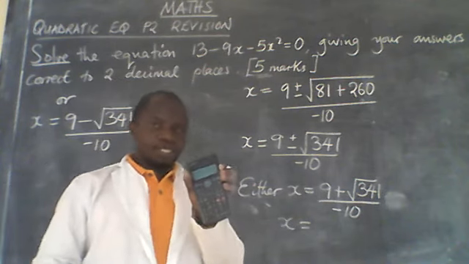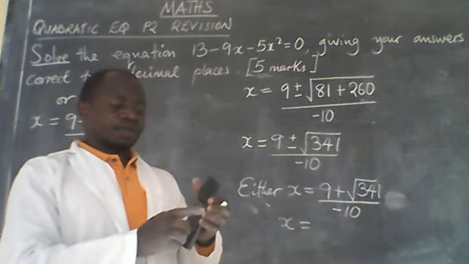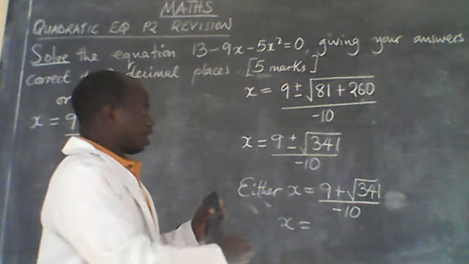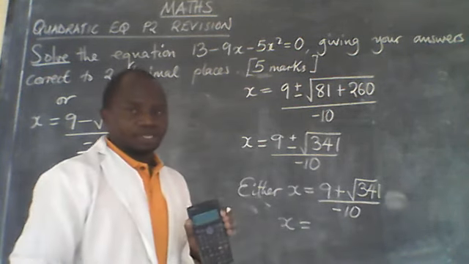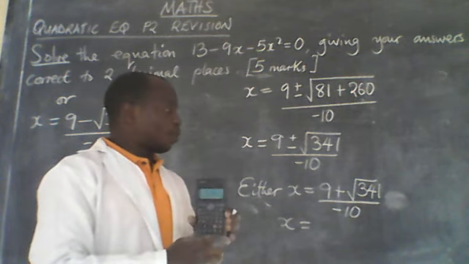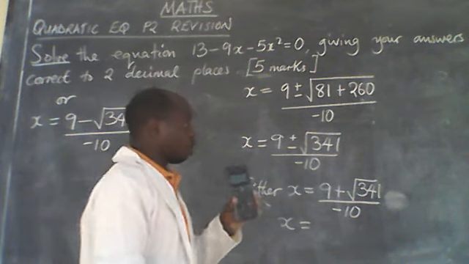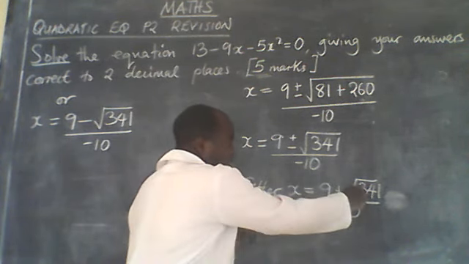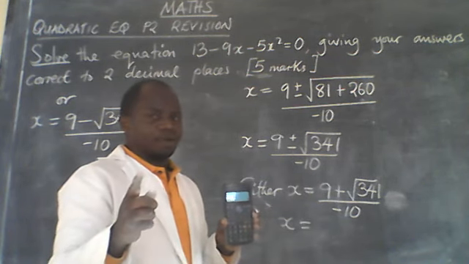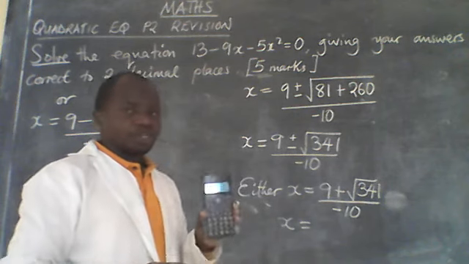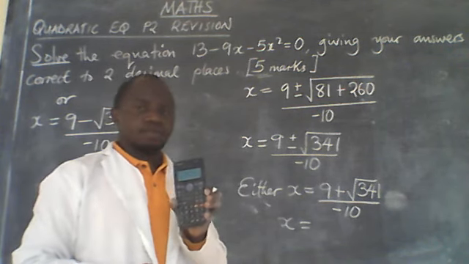Now you listen and listen good. On this calculator, what you have here on top is your numerator. So when using the calculator, you are going to say 9 plus root 341 equals. Get me very well, otherwise you will find wrong answers.